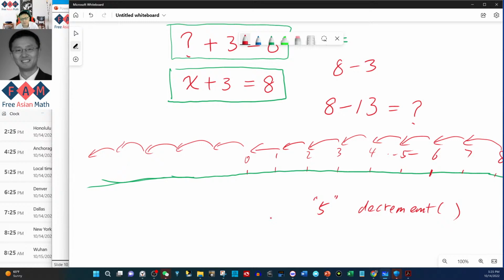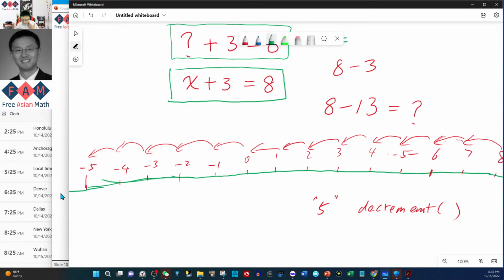Even though we have not yet defined what those are, they will be -1, -2, -3, -4, and finally the last one gives us -5.